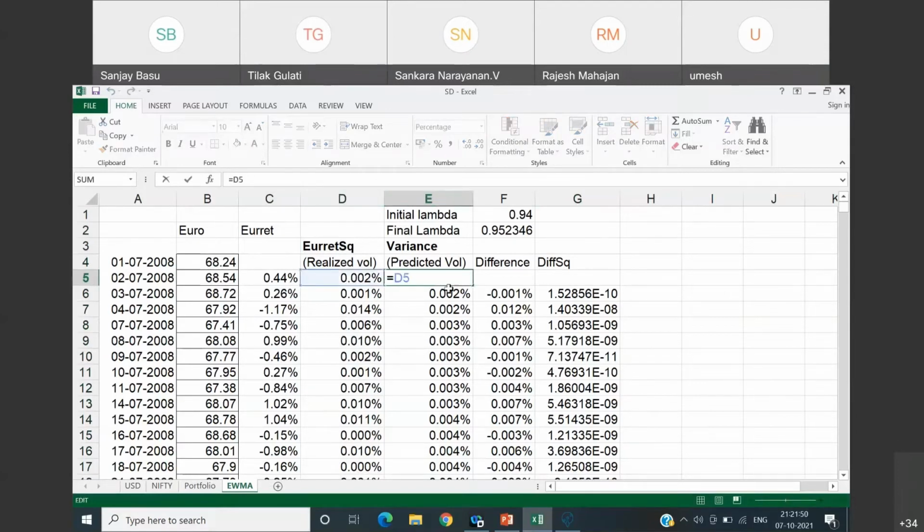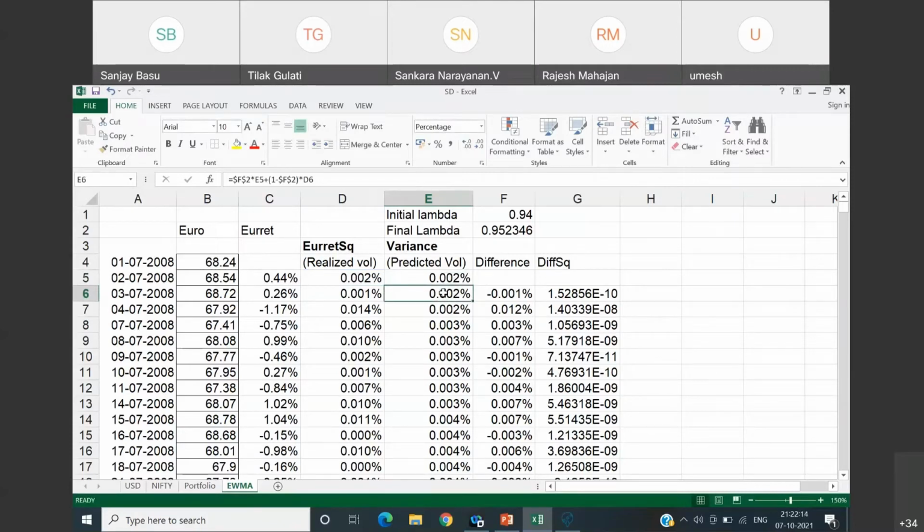So we assume that the variance for tomorrow will be equal to the square of the returns for today. From that point, we start. This is my starting point.